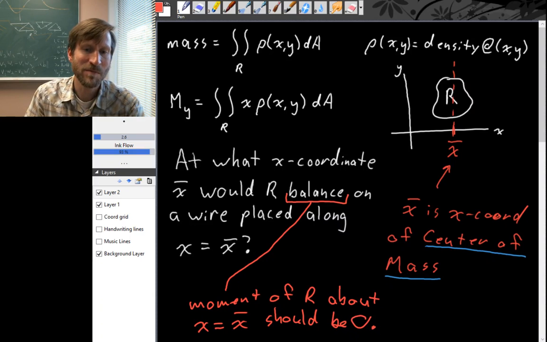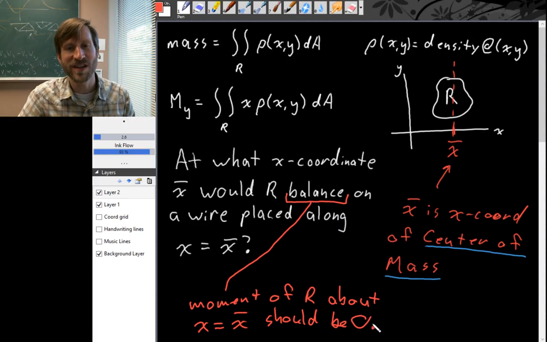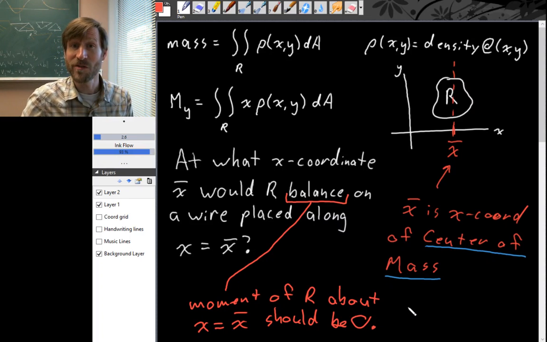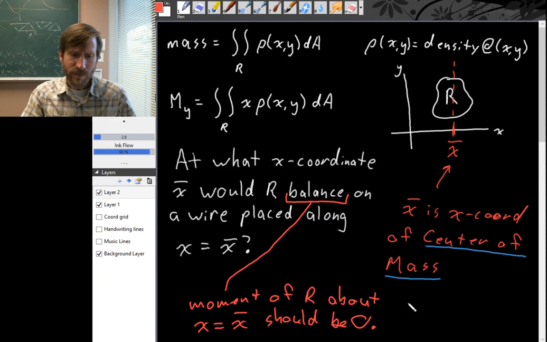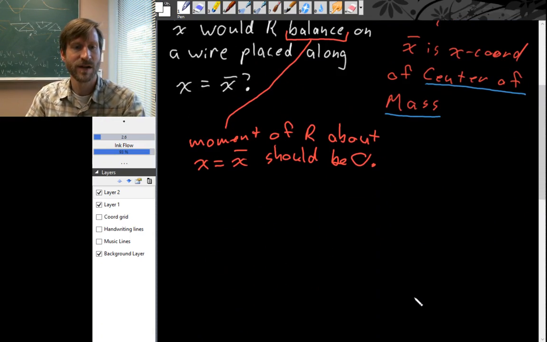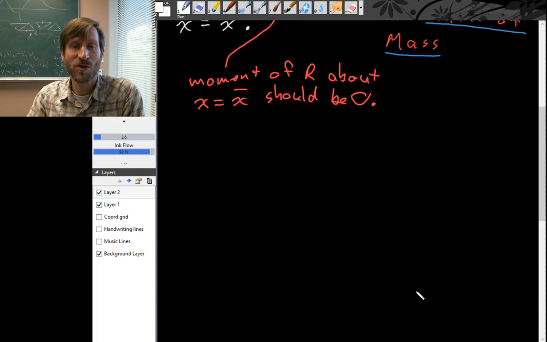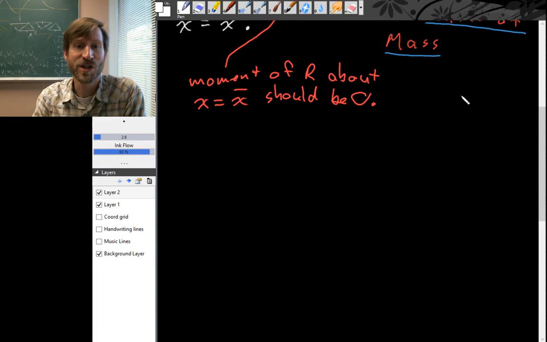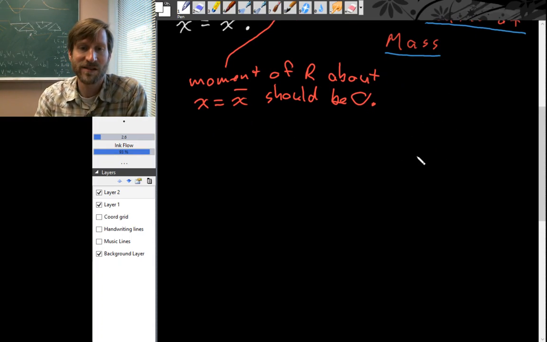Because that's what moment measures. Since moment measures the tendency of a region to fall one way or the other, when the moment is 0, it should not fall either way. In other words, it should balance. So all we need to do is determine the x-coordinate about which the region should balance completely.